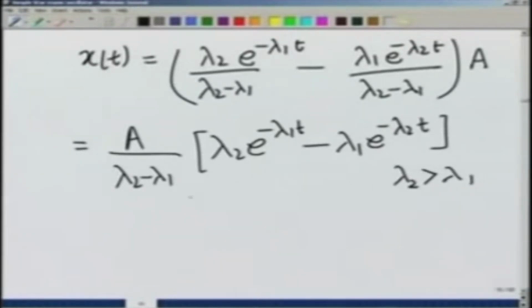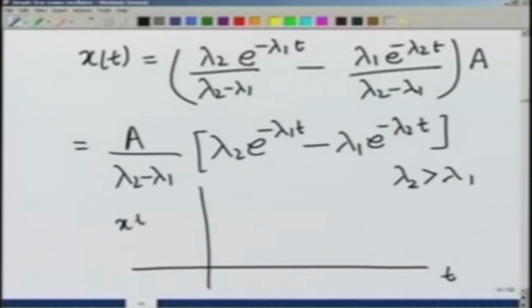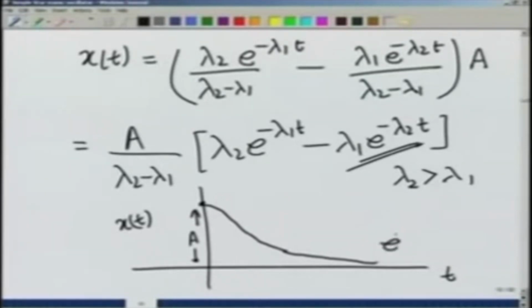This motion, if plotted, x(t) versus t, is going to look like I start with value a at time t equal to 0, and then it slowly decays. And how does it decay? Since λ2 is greater than λ1, as time goes towards infinity, this term is going to die down much faster than this term. So, it is going to decay at larger time as e^(-λ1 t). So, this is a solution.